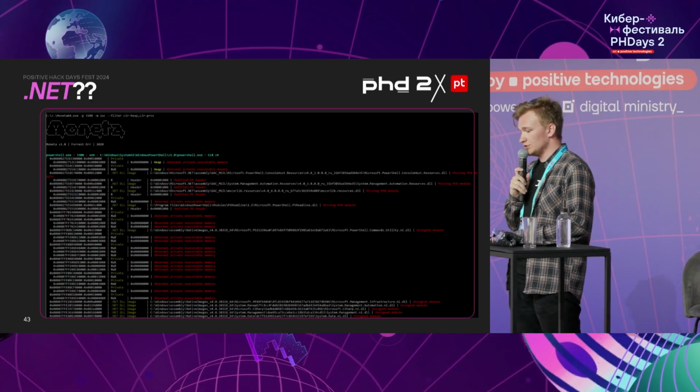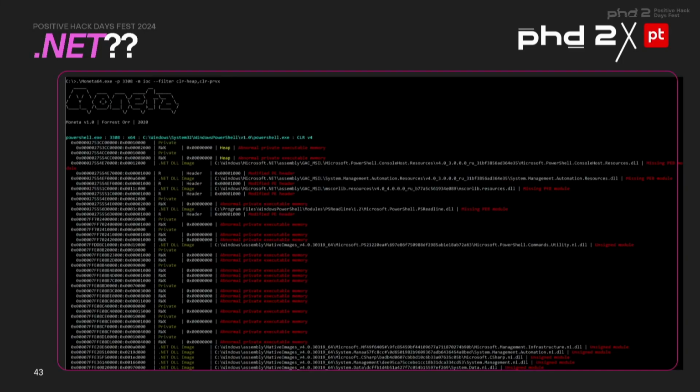Looking forward, I found that .NET processes have an unusual kind of behavior, because application domains exist in C# and .NET. And this is, in fact, a process within a process.